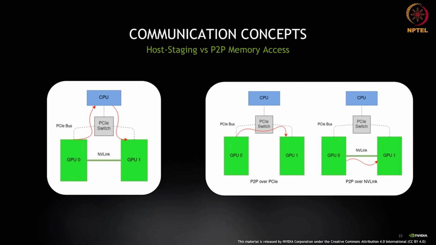The data which is being transferred from different GPUs is traversing from GPU 0, as you can see here, via the PCIe bus to the CPU first, and then from the CPU it is staged in a buffer before being copied into GPU 1, right?